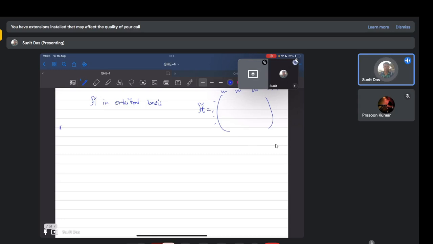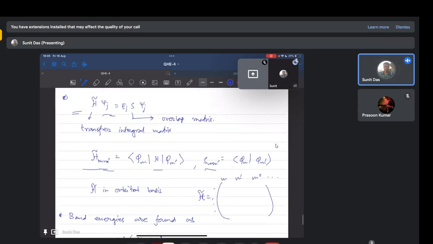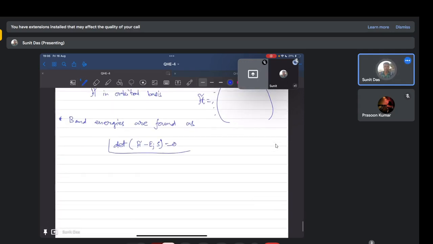And the band energies are found as the determinant of H tilde minus EJ S, where S is the overlap matrix. So the final way to get the energies is that we just need to evaluate the determinant of H tilde minus EJ S. EJ are the eigenvalues of this whole matrix.